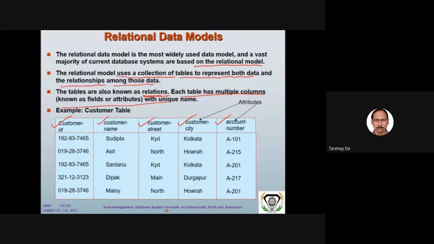For example, this is the customer table. Say the account table is another table. The account table consists of the account number and balance.